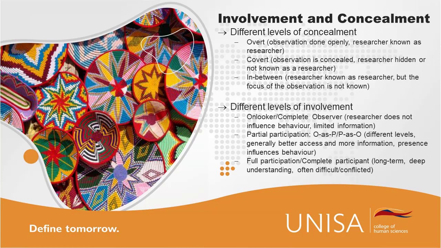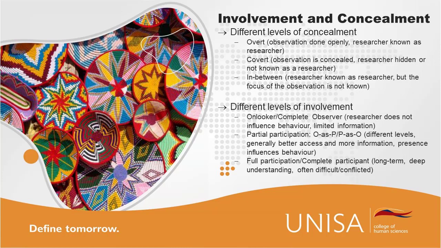Maybe the other members of the work team can know that the UNISA student or the manager is there to observe, but they might not be informed exactly what is being observed. What makes partial participation valuable is that the researcher can get better access to the group and get up close and personal. Sometimes partial participation is also difficult, especially if the researcher is not a team member.